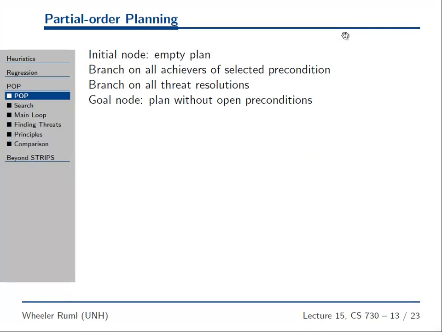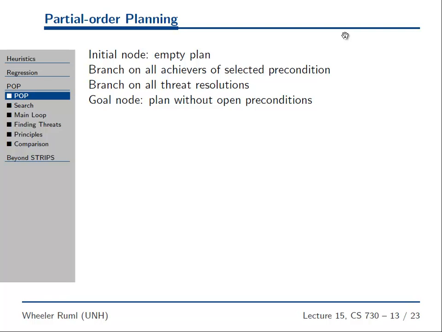You pick a precondition, branch on all ways of achieving it. We haven't talked about threats yet. And then a goal node is a plan that has no open preconditions, where everything's been satisfied. You know how everything is going to get done. So this is, to me, partial order planning is the most intuitive way of planning of all. You just find what needs doing and do it.